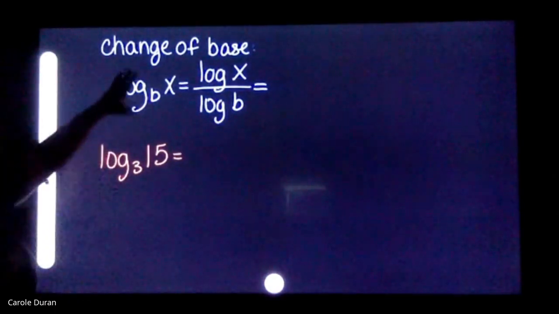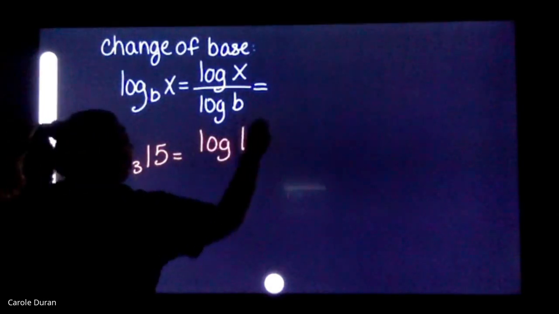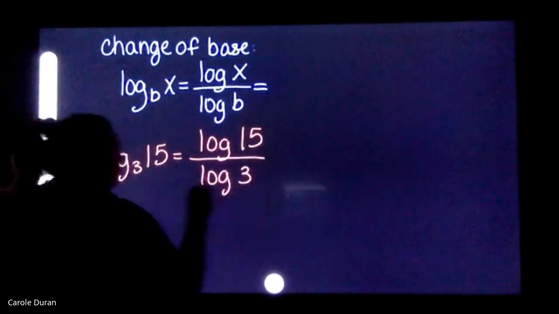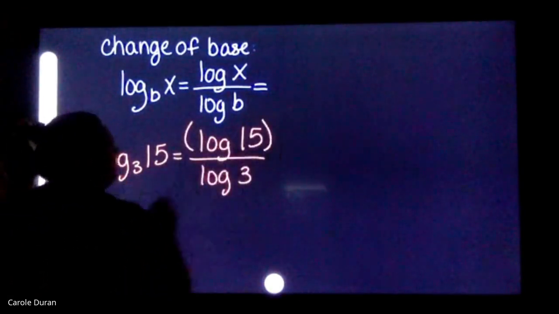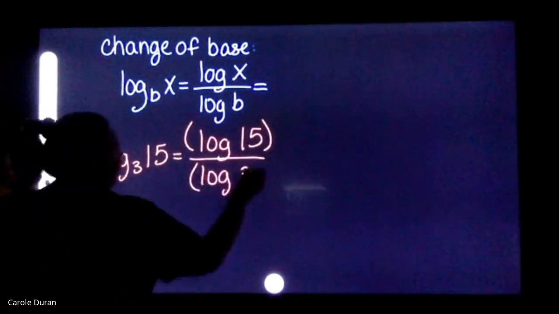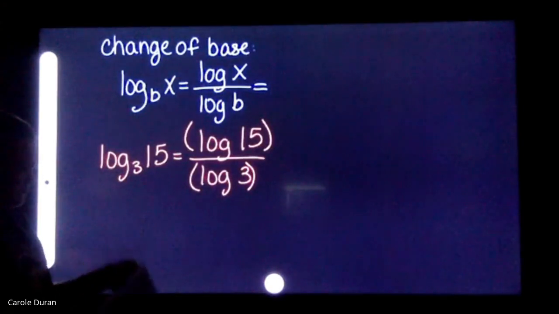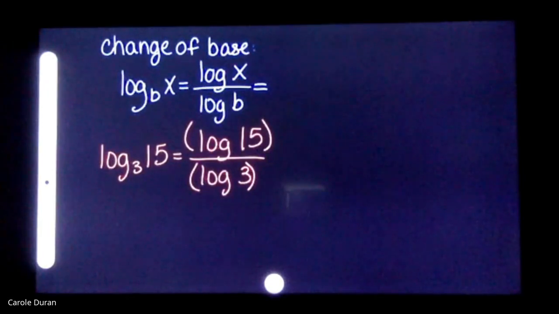In order to do that, I use this change of base formula, which says I'm going to take log of my large value divided by log of my base. And each of these I could just plug into my calculator. So I would do parentheses log 15 divided by parentheses log 3, and you should get your answer. 2.46. Correct.